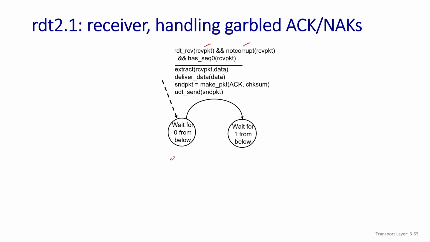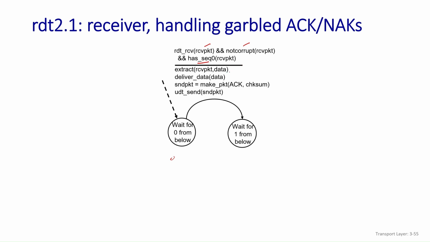Handling sequence numbers will help the receiver to deal with duplicate packets, right? So if it receives a packet and it is not corrupted and the receiver was waiting for sequence number 0, it has sequence number 0, then these actions will take place.